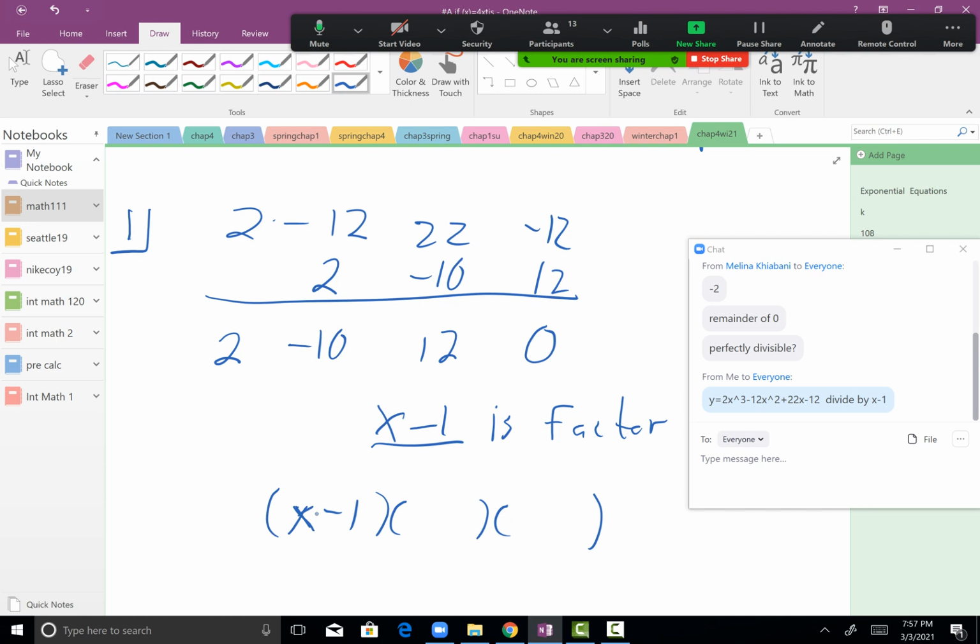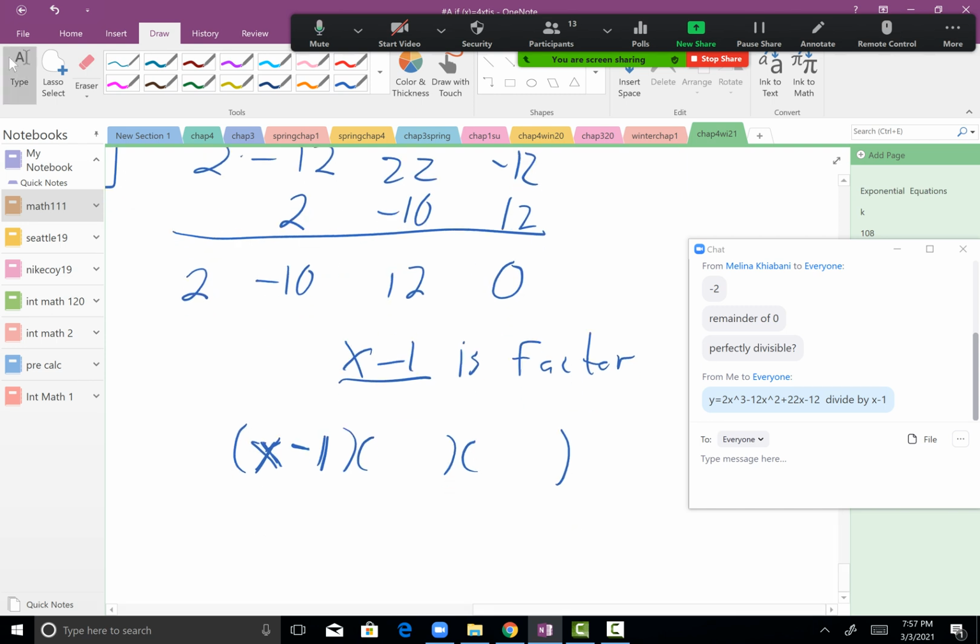If you get a remainder of 0, then whatever you divide by is an x-intercept, and x minus 1 is a factor, because you divided by x minus 1 and you got a 0. So that's what those things say. And really, that's pretty much the most important thing that comes out of there.